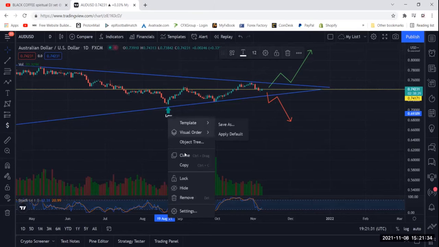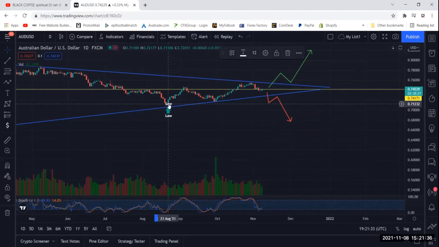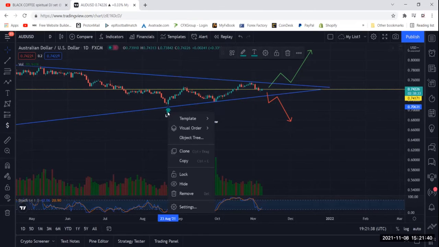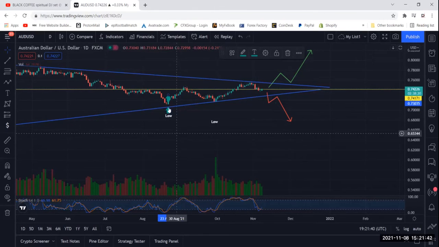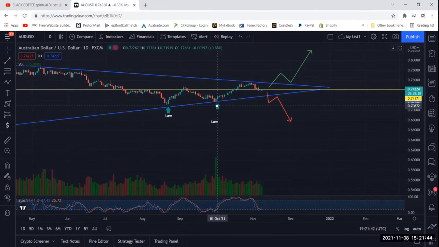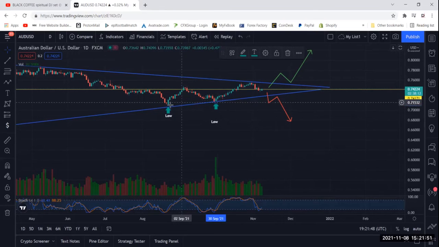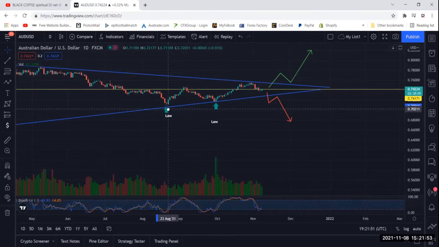So we have a low here. I'm just going to clone this, and then clone this. So we have a low, and you can see here we have a higher low, because this point is higher than this point, which is higher than this point here.